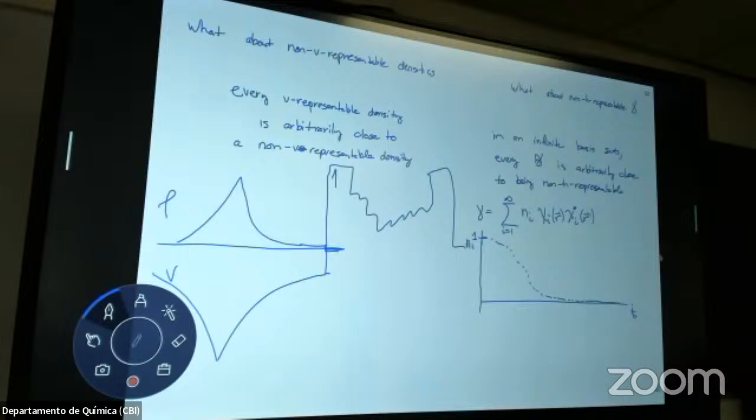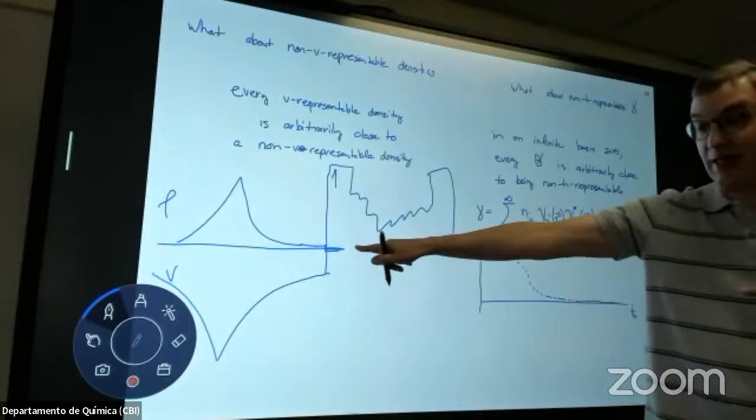Once they're very close to 0, I can set it equal to 0 with a very tiny perturbation, right? But if I set it equal to 0 with a very tiny perturbation, then all of a sudden, it's the same thing that happens here.